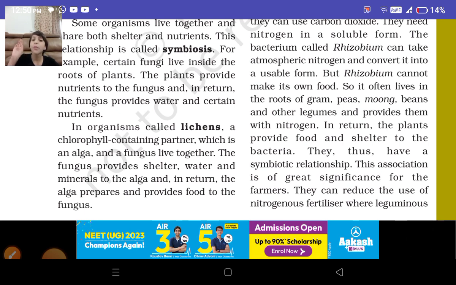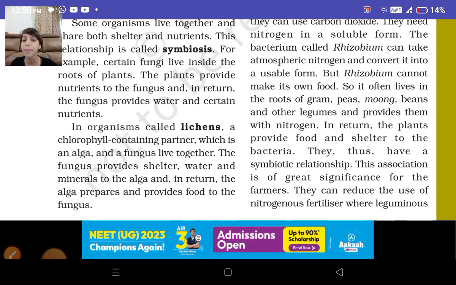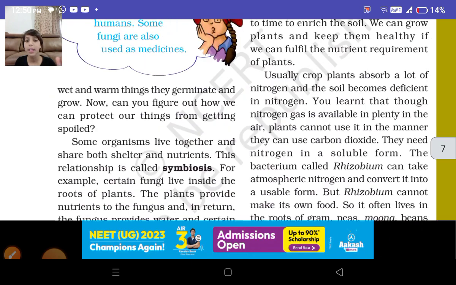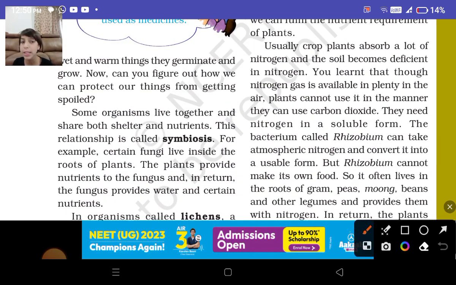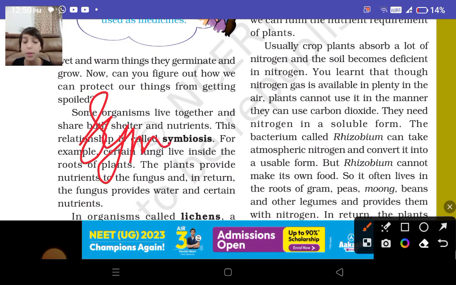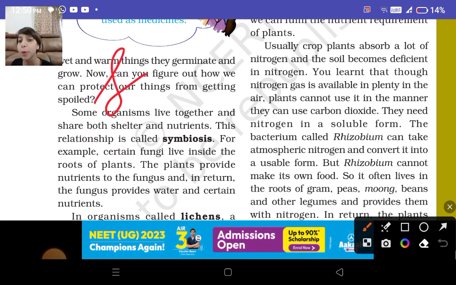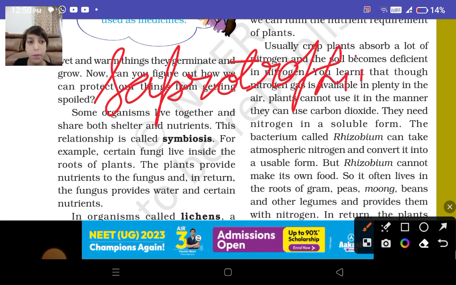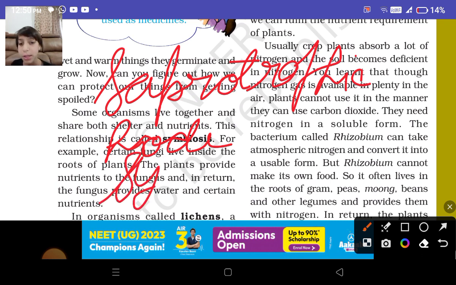Second is of plant and fungi, and the third is of alga and fungus. So this topic is finished. Today in this class we finished the symbiotic relationship, saprotrophic mode of nutrition, and the symbiotic mode of nutrition.